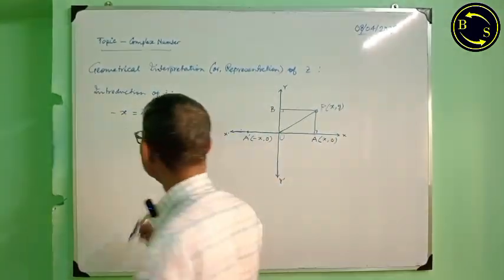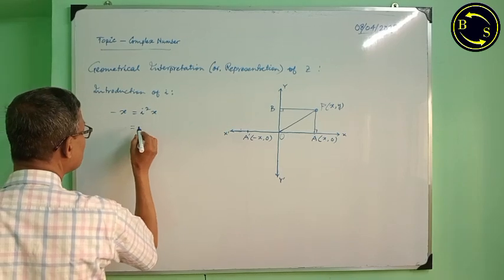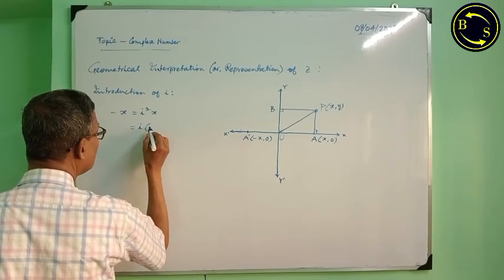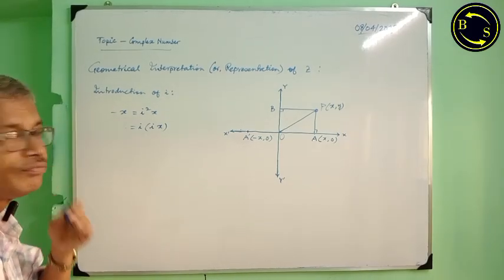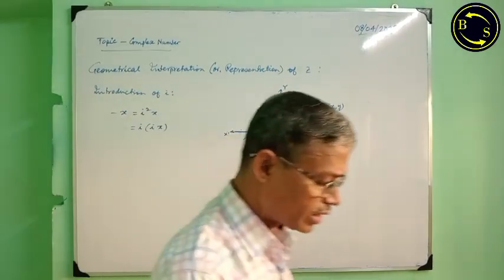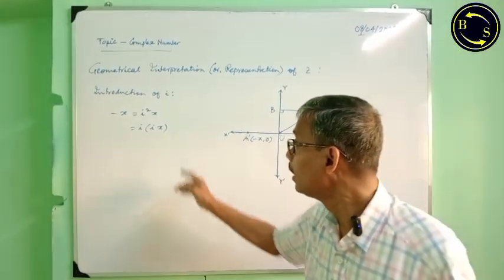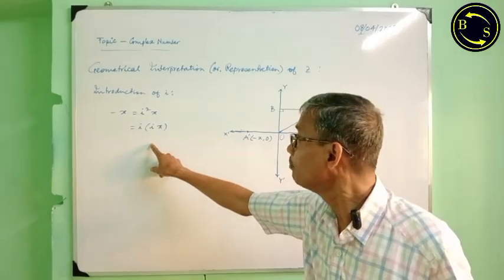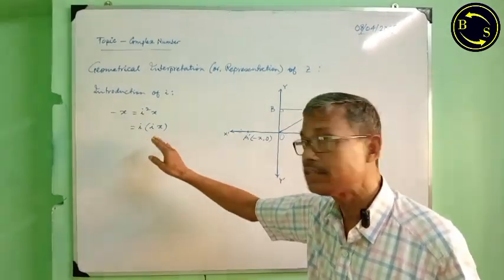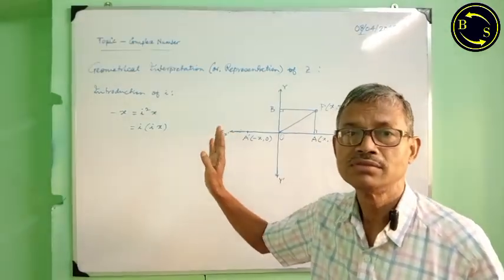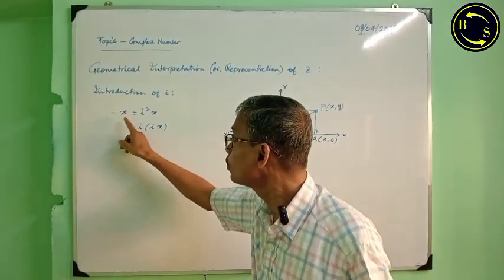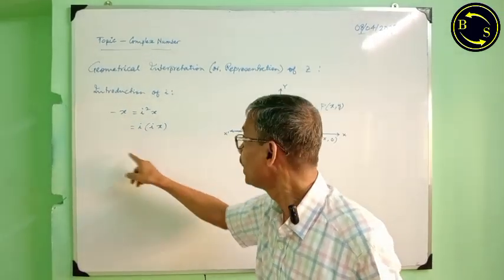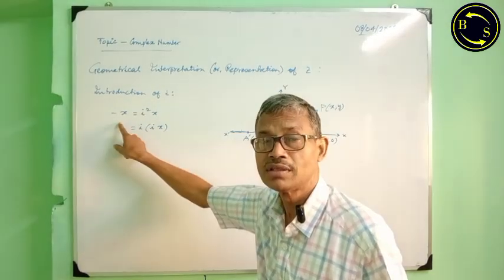Now, this can be explained as i being taken as a multiplicative operator. If we multiply i two times on x, we get minus x.